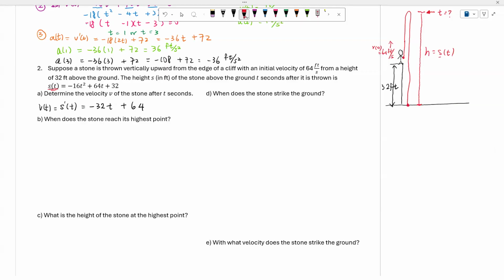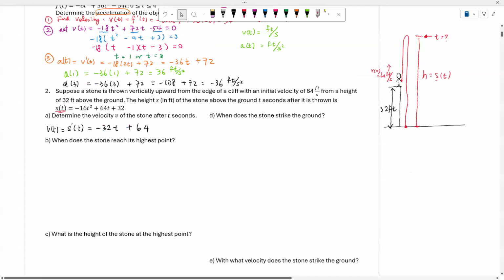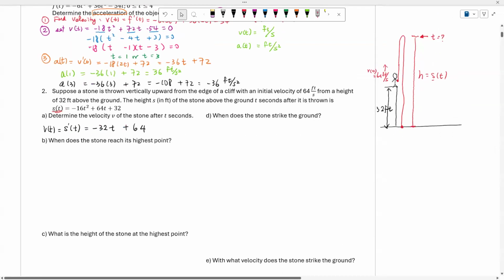Then one other piece of information that I know about this. Let us think about this moment right here. What is the speed or the velocity of the stone?